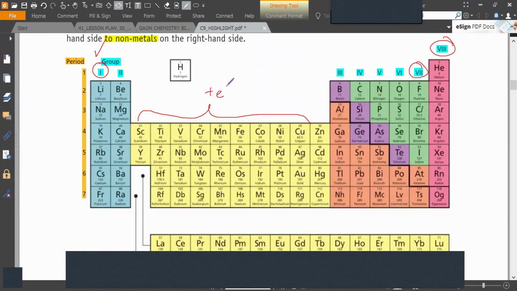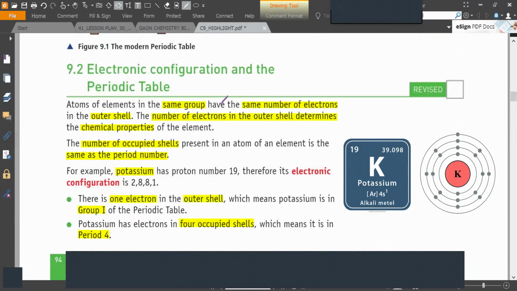These are the main elements we need to know about for IGCSE. Okay, continue.